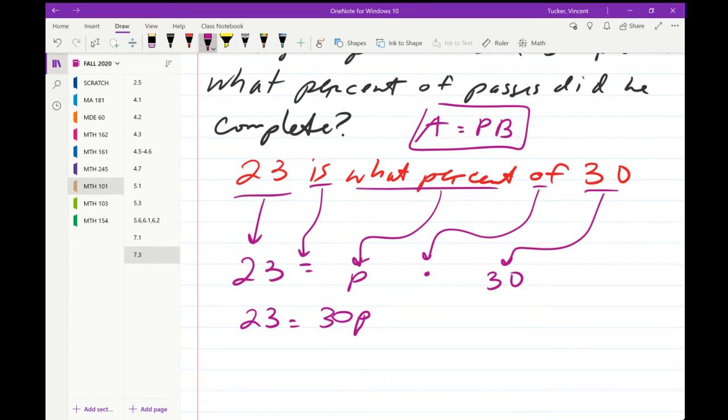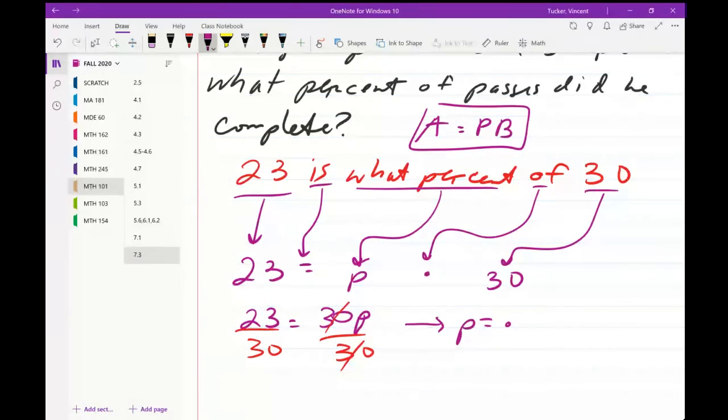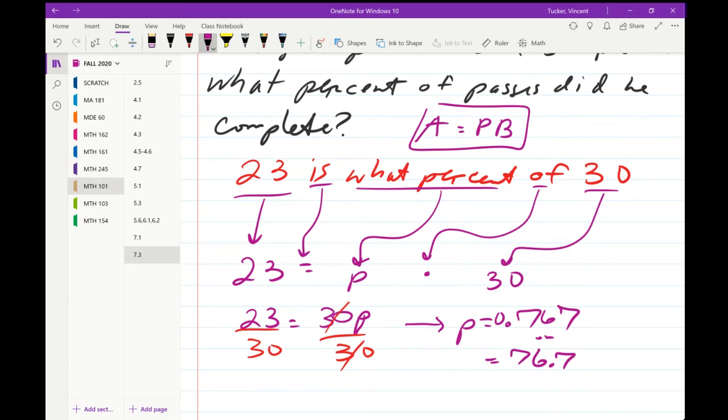All right, 23 equal to 30p. Divide by 30. So it's 0.767 or 76.7%.